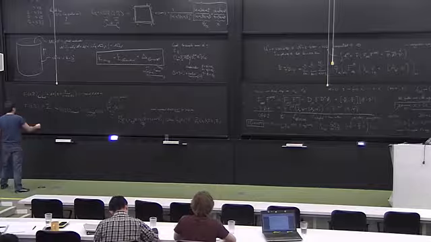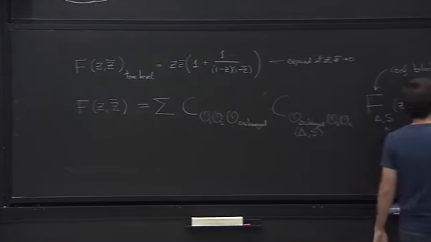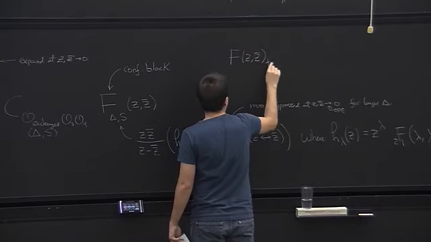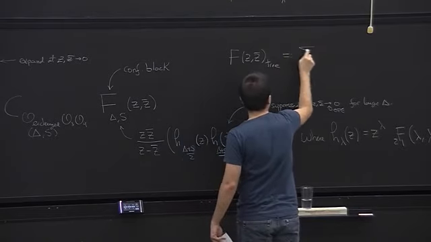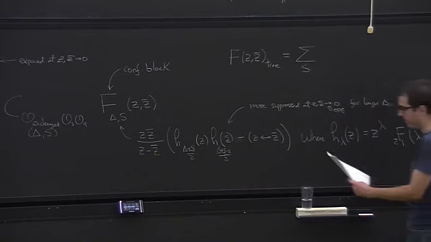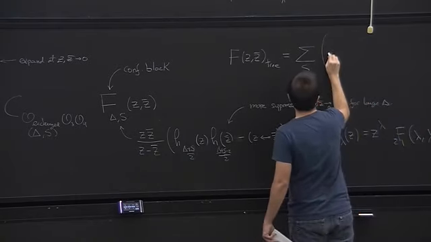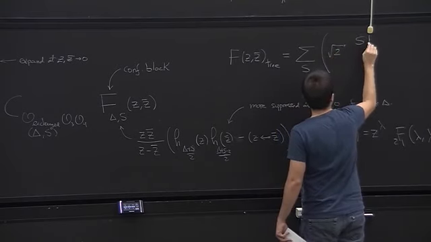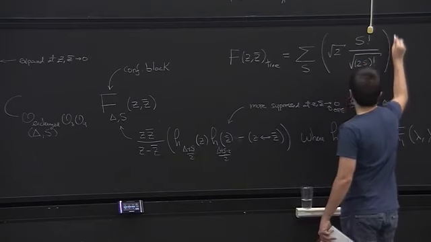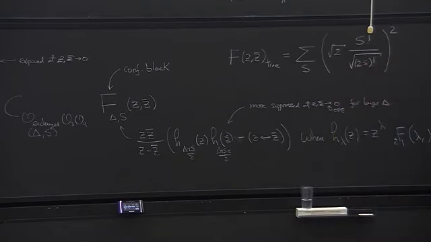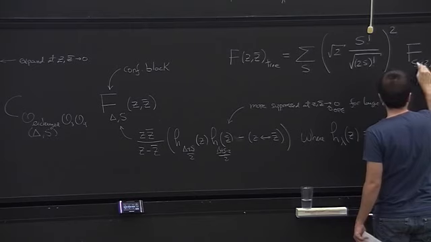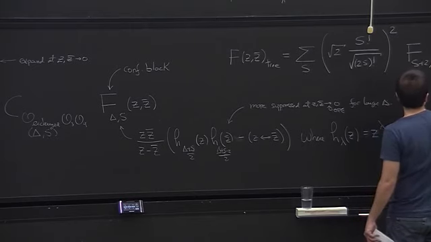If you use those functions, this f of z and z bar at 3 level is nothing but the following. It's given by the following sum over s, with square root of 2 s factorial over square root of 2s factorial squared, times the conformal block, s plus 2, comma s of z and z bar.